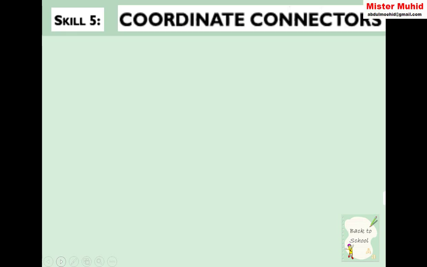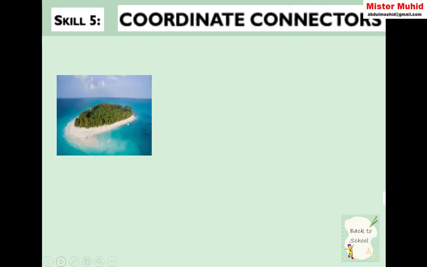Coordinate connectors, yeah. Let me give you an illustration first when we talk about connectors. Maybe in the last meeting we talked about sentences, and as we know, sentences can be of many types, for example, simple sentence, compound sentence, complex sentence, and also compound-complex sentence. So imagine that I give you the picture here, this is an island.